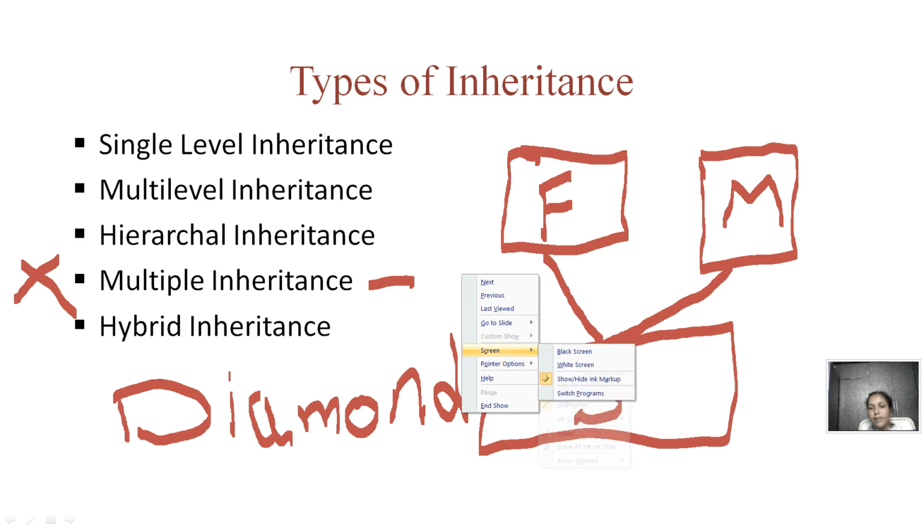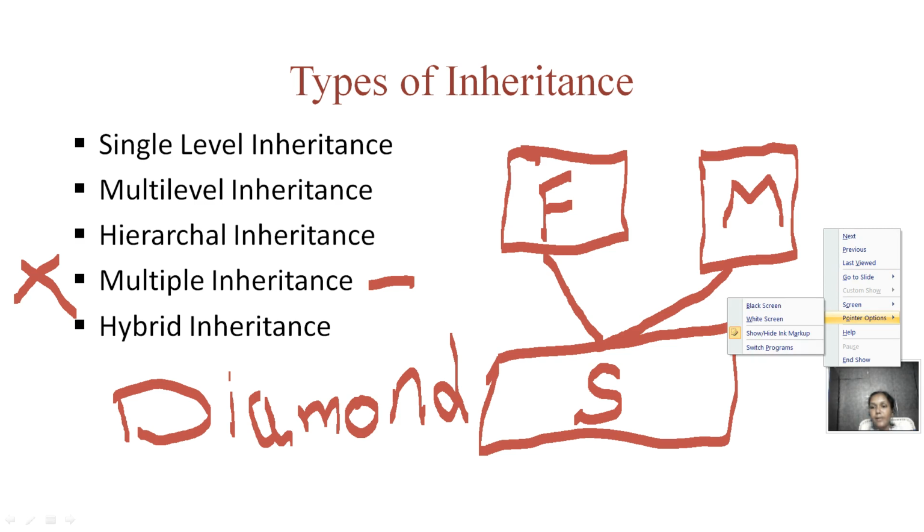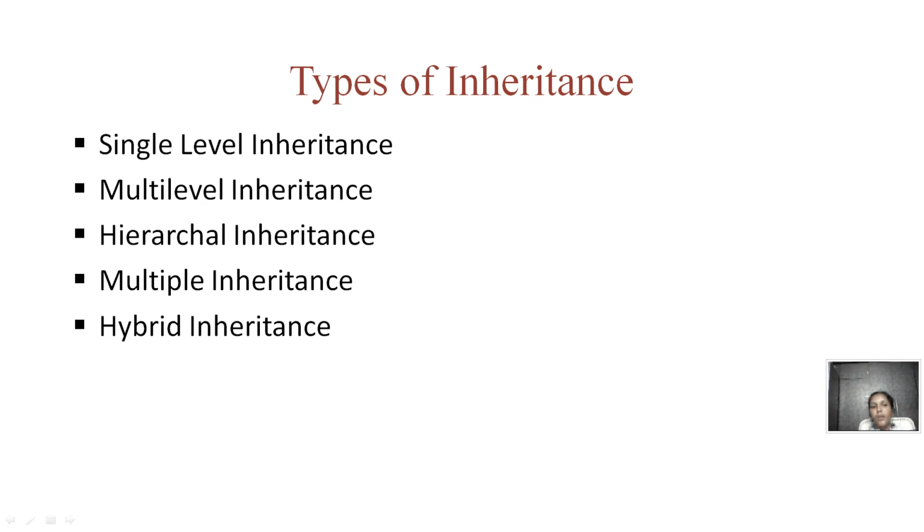So multiple inheritance, we know, is when one derived class gets the properties from more than one base class. And hybrid inheritance: any combination of more than one of the above types of inheritance comes under a category called hybrid inheritance. Single level, multi-level, hierarchical: if I am using a mixed combination of inheritances, then it becomes hybrid inheritance.